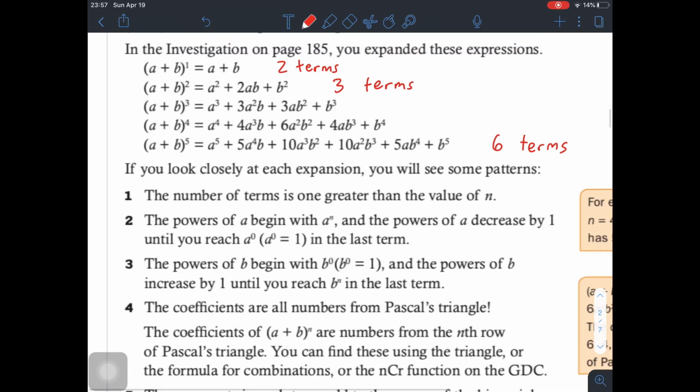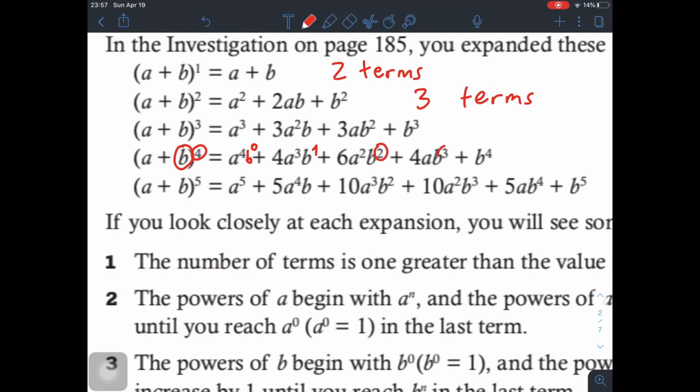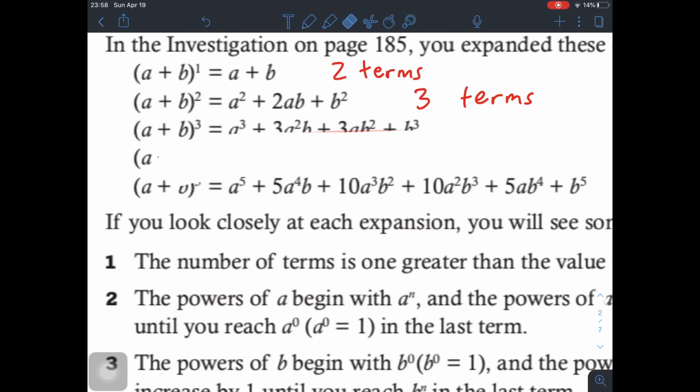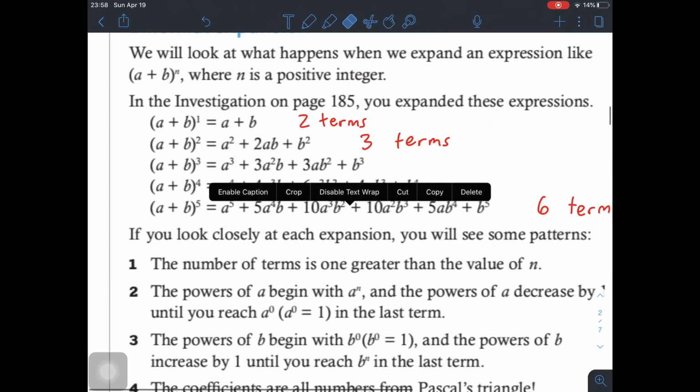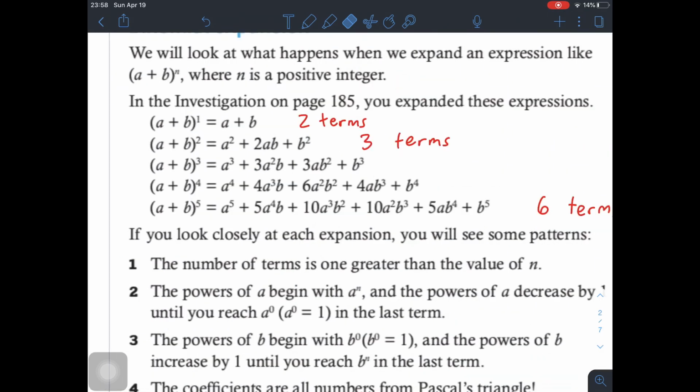So same thing, but in the opposite direction. For b to the power of 4, we start at b to the power of 0, and then this goes increasing: b to the power of 1, b squared, b cubed, until b to the power of 4, which is the same as the exponent of the expansion. So that's the third property.